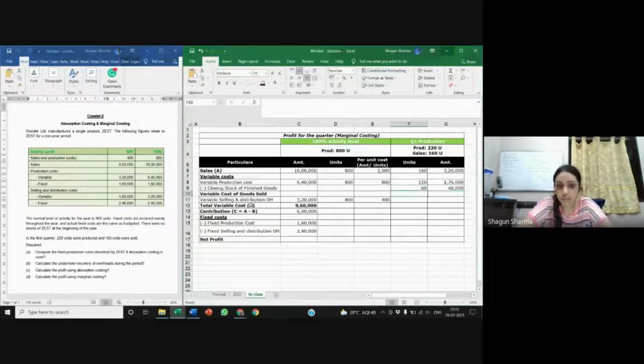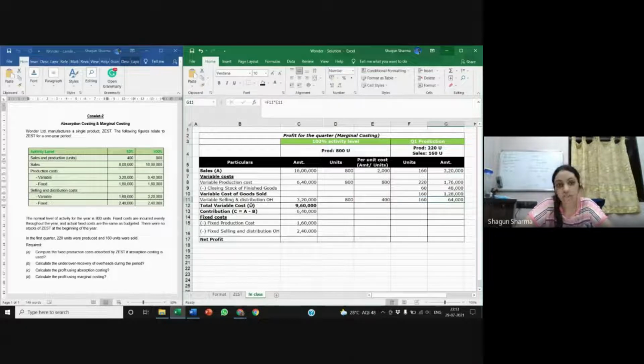Okay. So my variable cost of goods sold only for the goods sold, which is 220 minus 60, for 160, my variable cost becomes 1,28,000. Okay. Now the selling one is easy. Now we have just 160 units and I multiply the 160 units by my selling and distribution per unit rate.